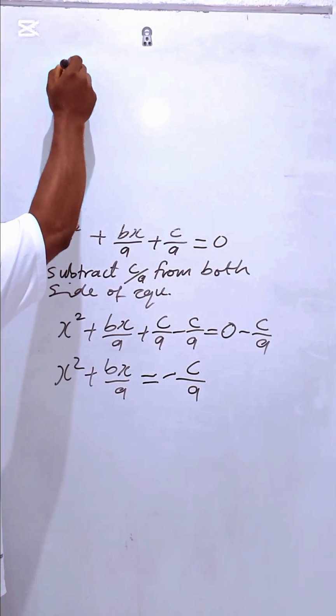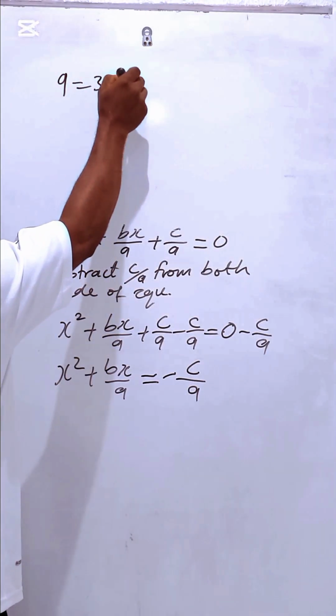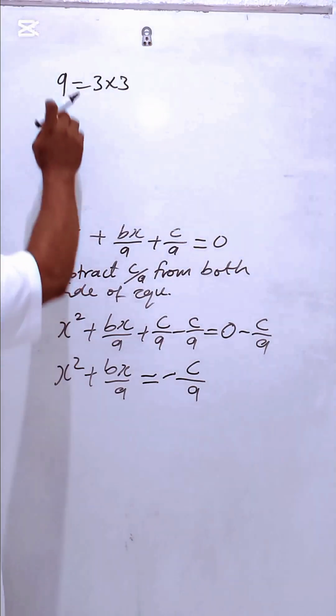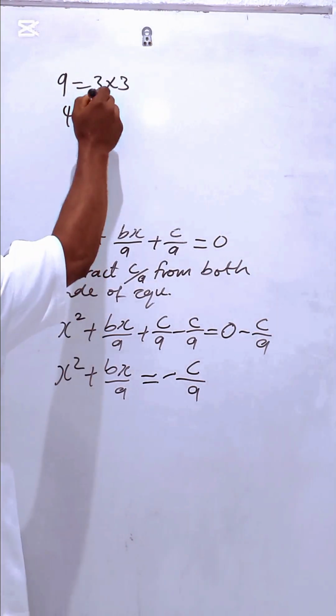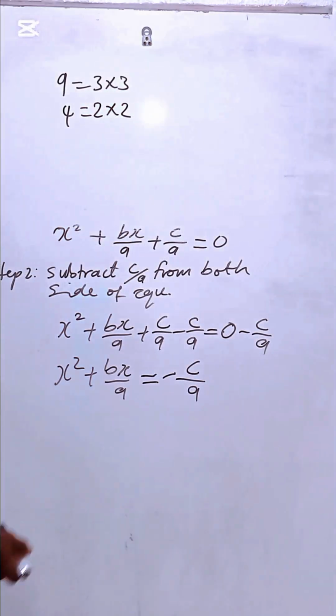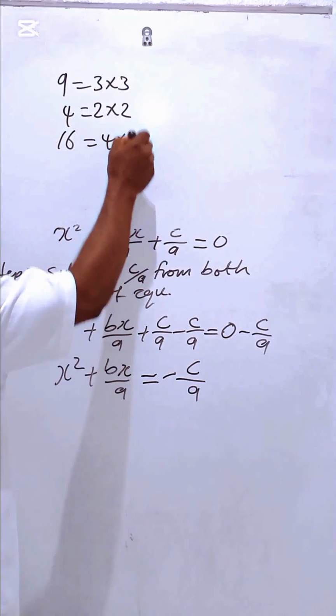For example, 9 is a perfect square. When 3 multiplies itself, we get 9. 4 is a perfect square. When 2 multiplies itself, we get 4. 16 is a perfect square. When 4 multiplies itself, we get 16.